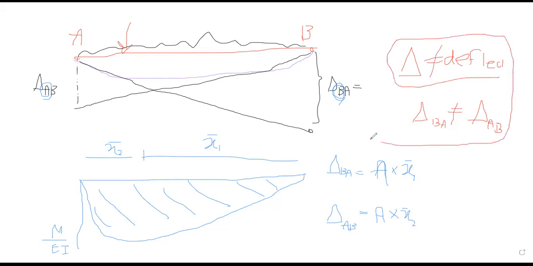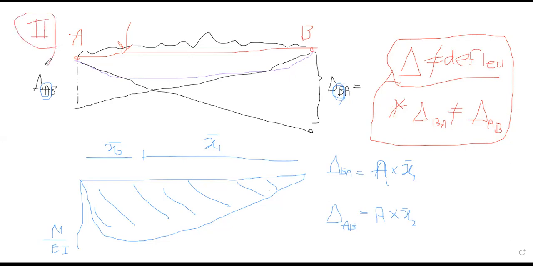These two theorems are very interesting, but you can find the deflection only on one condition, because these two are just the vertical distance between two tangents drawn at two points on the elastic curve. Even if it is the same area, the x bar is different, so the first letter tells you where to take the moment. This is the second theorem.